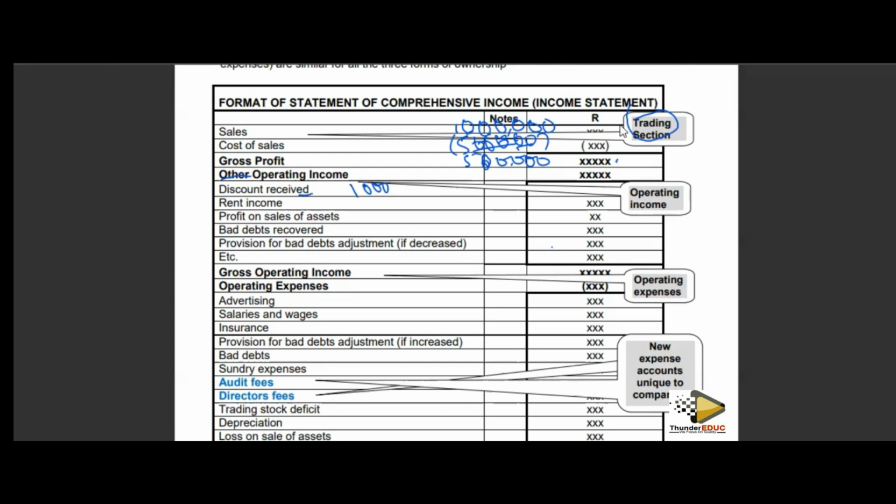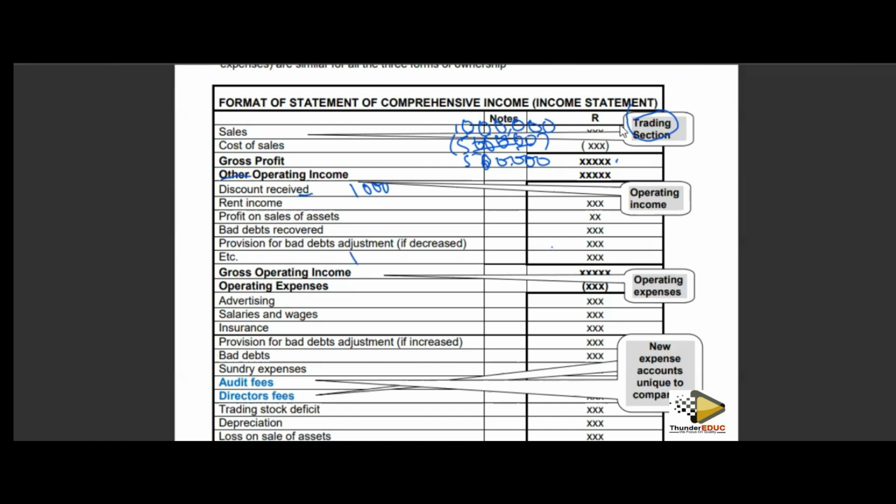Our business is receiving the discount. Remember I said that we have discount received and discount granted. Discount granted, we are granting it to our customers and it will reduce this figure, as we shall see when we are doing our questions.